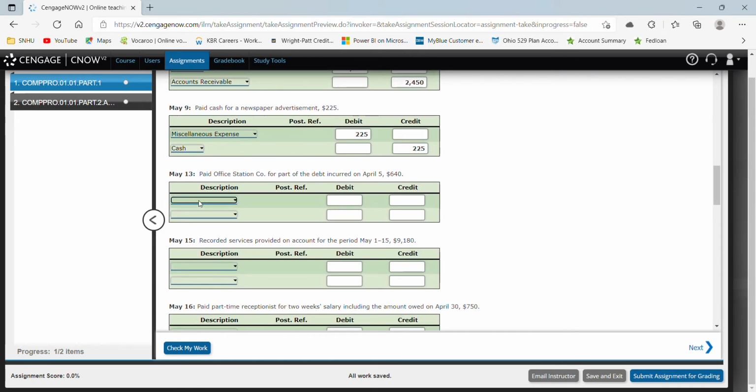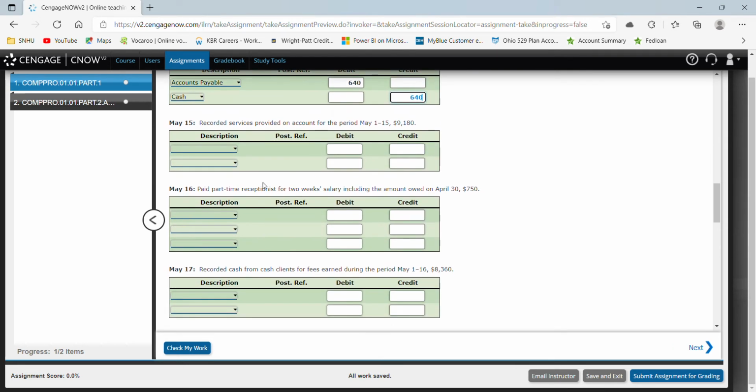May 13th, let's see, we had an accounts payable for $640. We had some debt that we incurred on April 5th, so we're going to record accounts payable. And what did we do? We paid cash, we decreased our cash again, credit. And see, I made that mistake. You credit cash to decrease it.